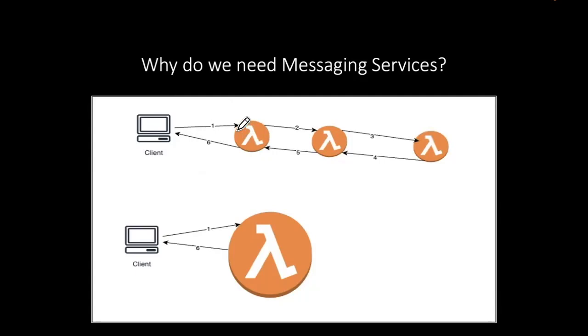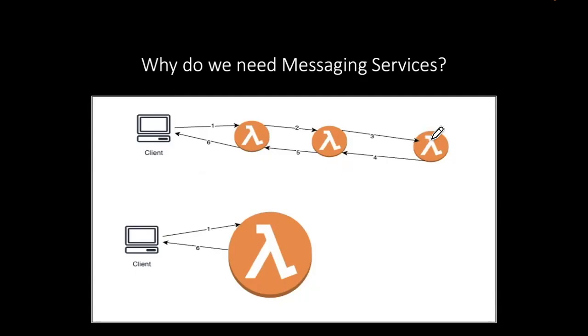So it triggers this lambda, and this lambda, in order to complete its task, triggers another lambda. It delegates a certain responsibility to this lambda. This lambda, in order to complete its task, needs to communicate with this lambda.